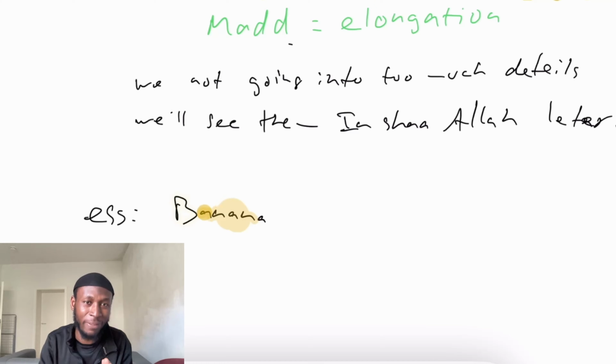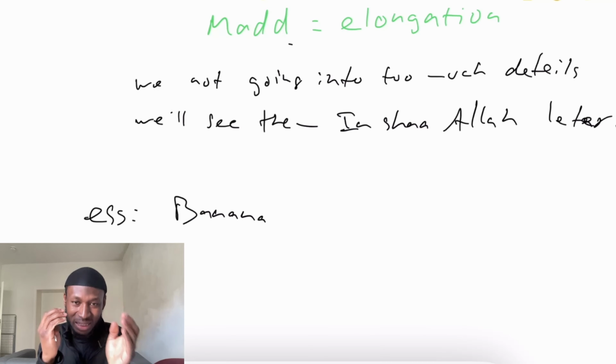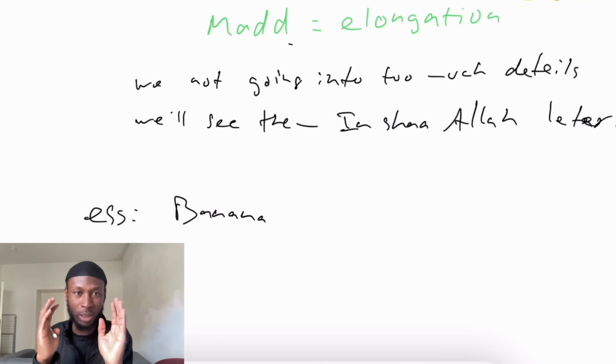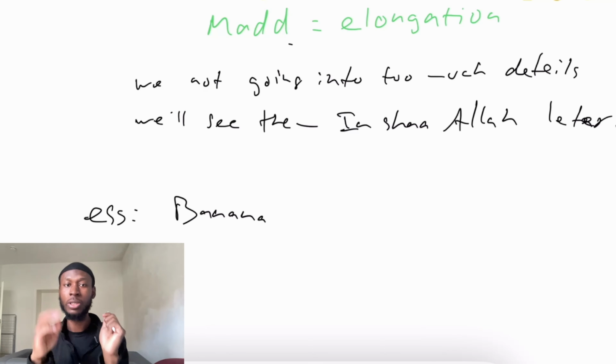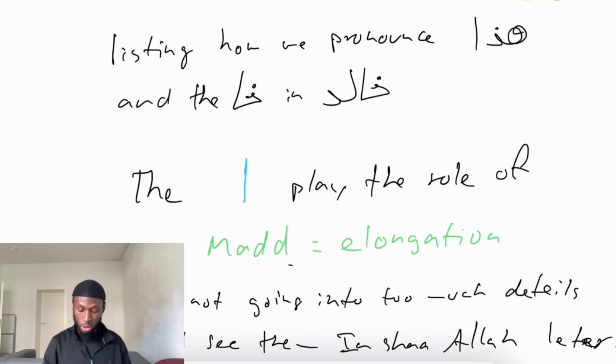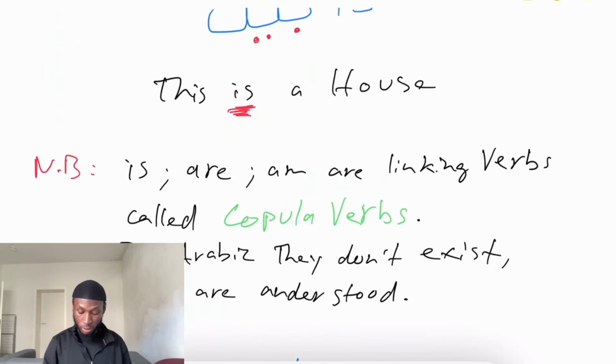You shouldn't prolong the first a, banana. No, or the last a, banana. No, you should prolong only the second a. So this is the role of mud. It tells you how to pronounce the noun correctly, because it's telling you where to prolong it and where to stay away from elongation. So Bismillah, this is what we have for today.